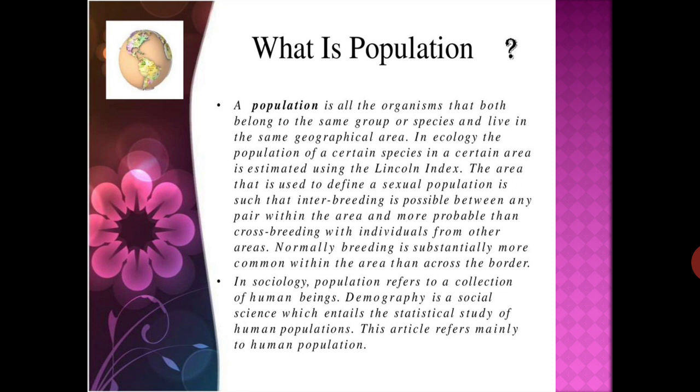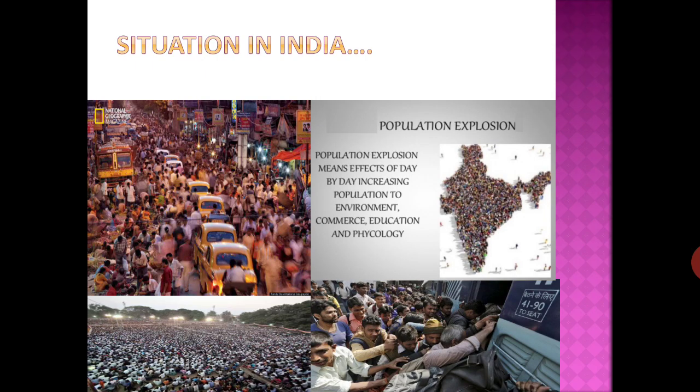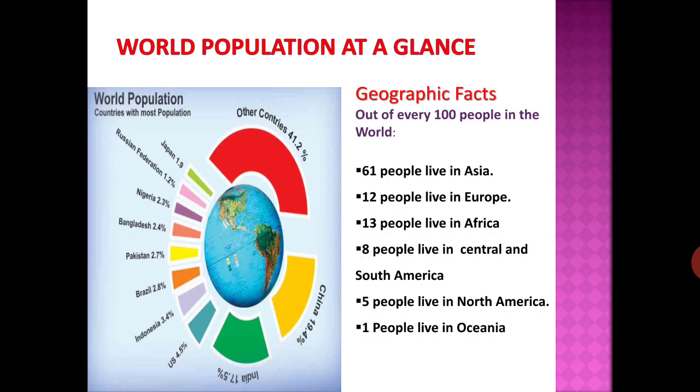Whenever we go to a city, we find that there are lots of people and lots of vehicles, and there is no place to move speedily or freely. Railway stations are too crowded. Buses are too crowded. In cities, more and more people are visible, and more people are coming towards the cities also.